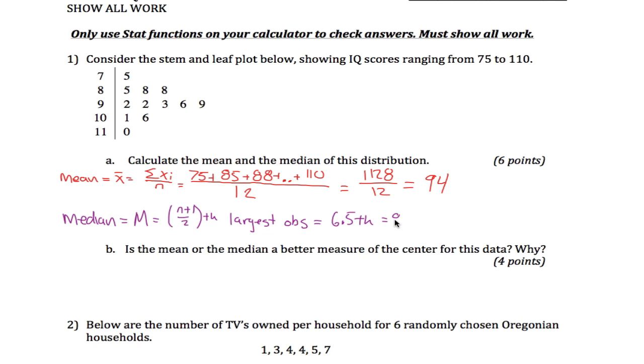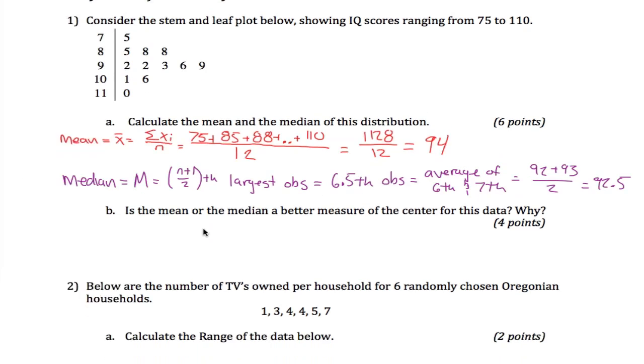So what we do is average our 6th and our 7th. Which we can do. 1, 2, 3, 4, 5, 6 is 92. And 7 is 93. And the average of 92 and 93 is 92.5.